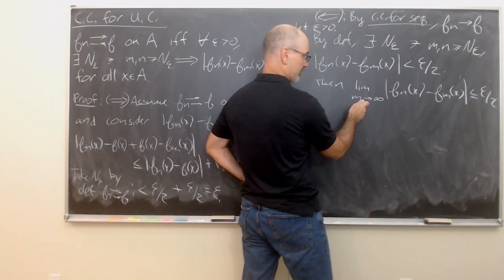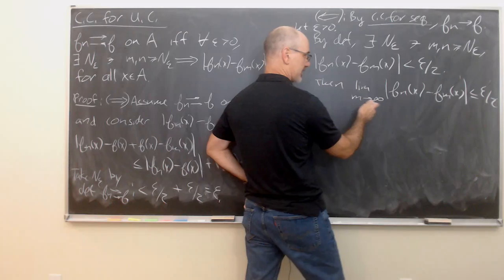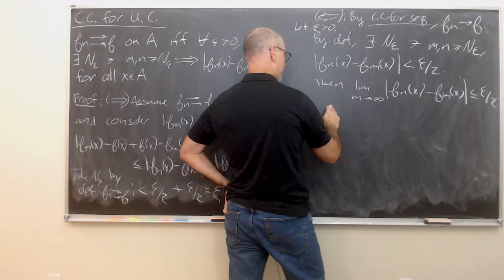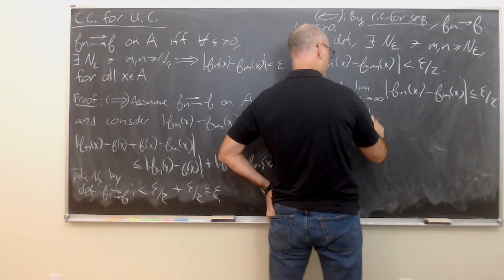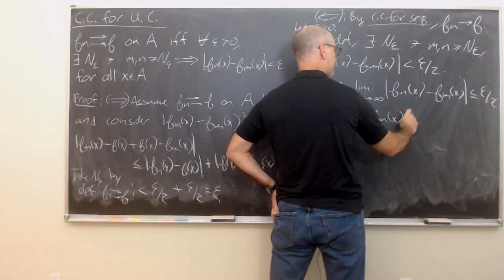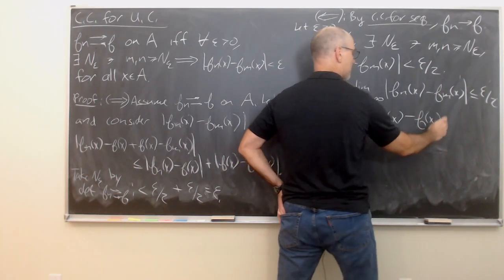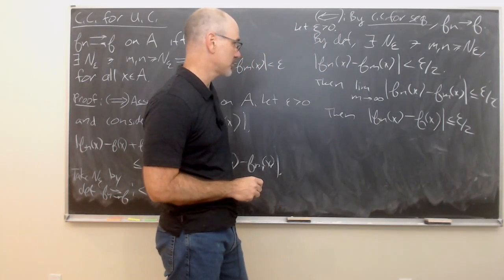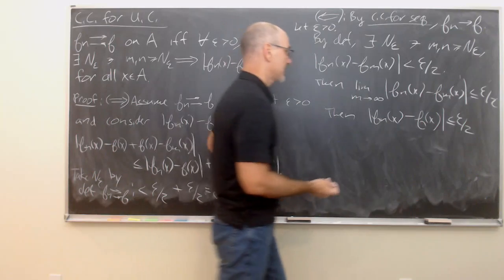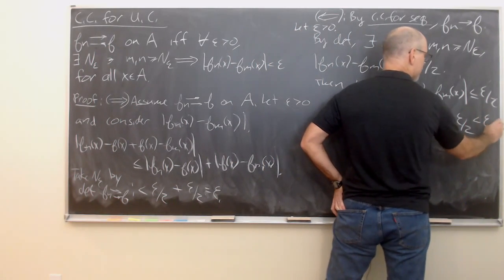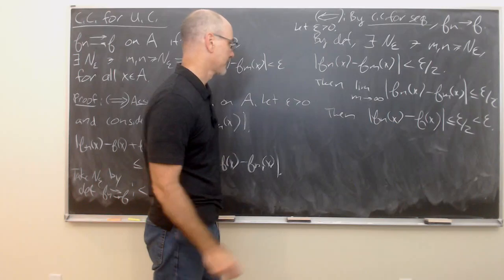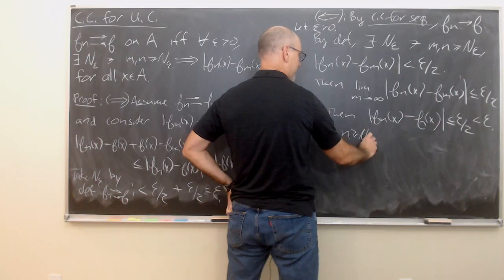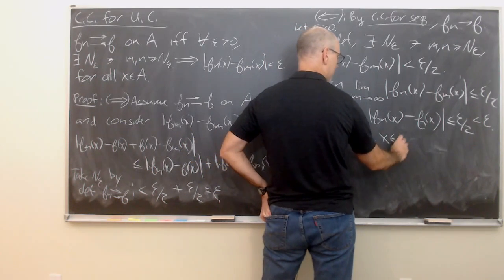So finishing this up, if we take the limit as m goes to infinity of f sub m, then by what we said before, we know there's a pointwise limit and it equals f. And that difference is less than or equal to epsilon over 2 for all x at the same time. And epsilon over 2 is strictly less than epsilon. This is for n bigger than capital N and x in A.